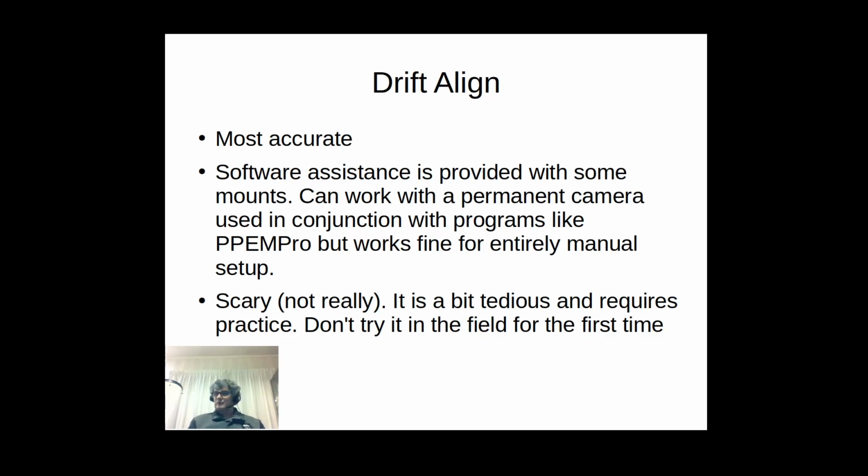Eventually, they figured out what was going on and used the plumb bob method to find the correct north-south line, and then they were able to use a drift alignment procedure to correctly align, with the help of a camera as well. But I'm going to go over how to do it visually.